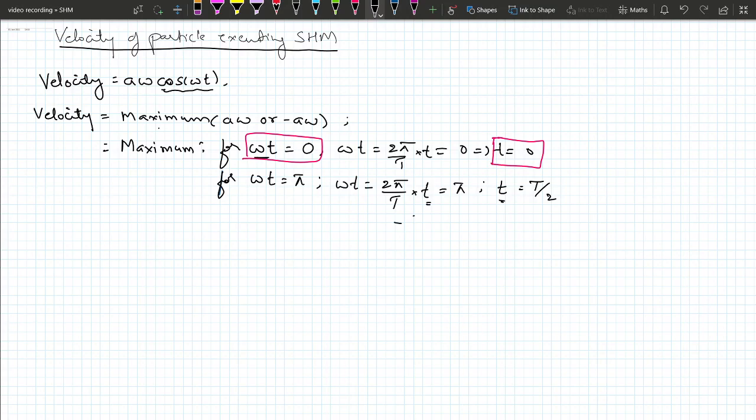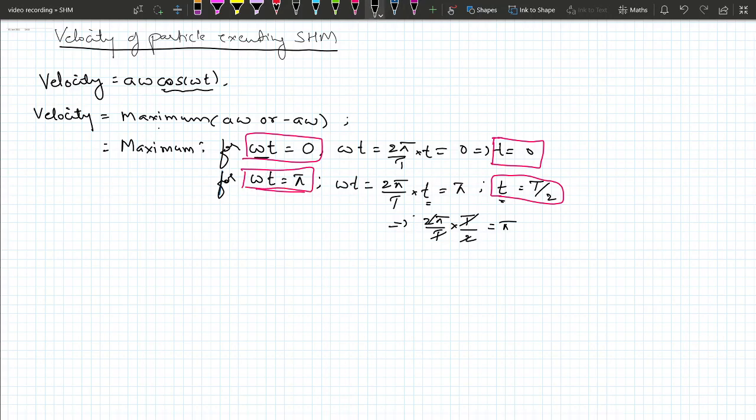When t is capital T by 2, 2 pi by T into T by 2, this gets cancelled, you have pi. So the next condition is that you should have either omega t equal to pi or t equal to T by 2. This is the equivalent condition of omega t equal to pi.